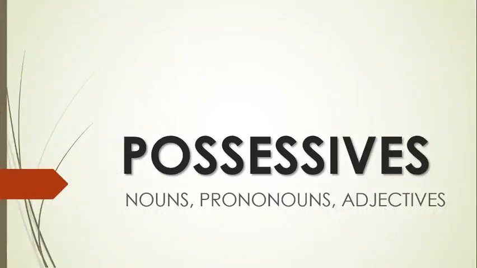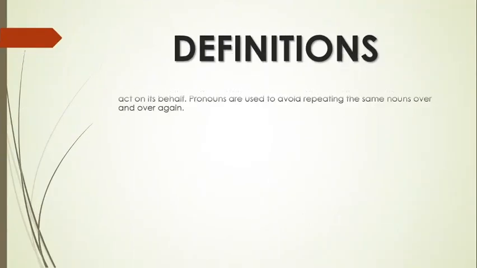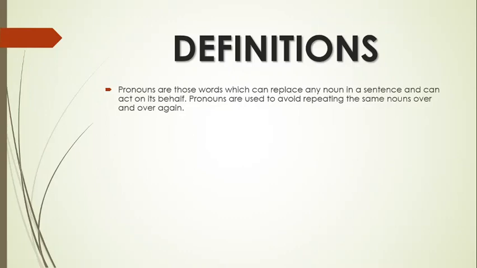So let's first revise. What are pronouns? You see, pronouns are those words which can replace any noun in a sentence and can act on its behalf. Pronouns are used to avoid repeating the same nouns over and over again.